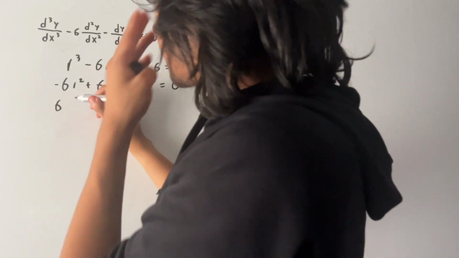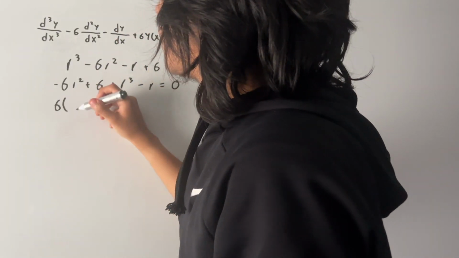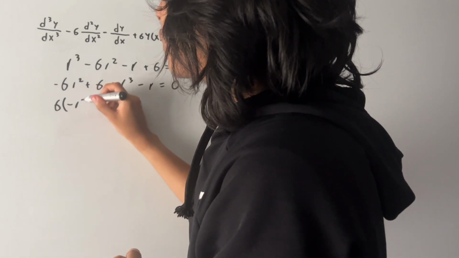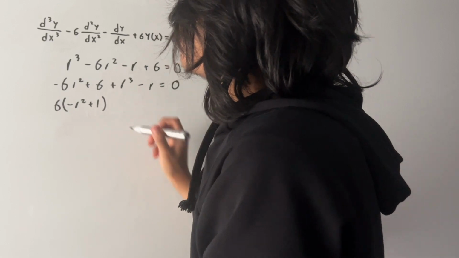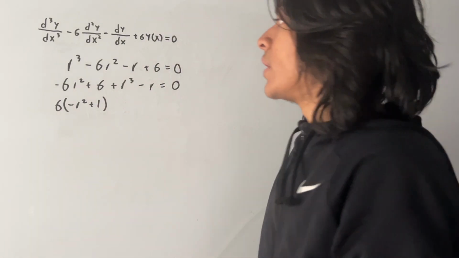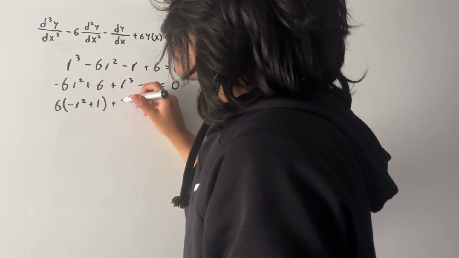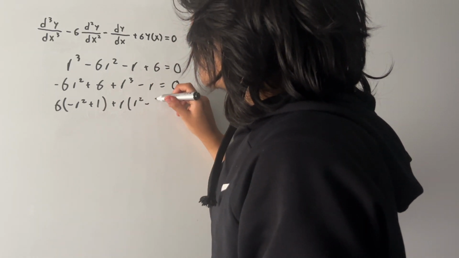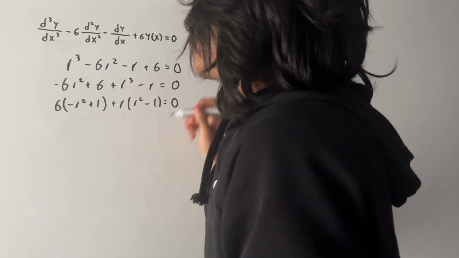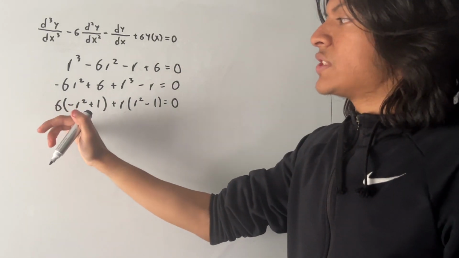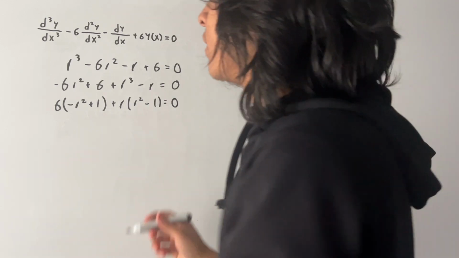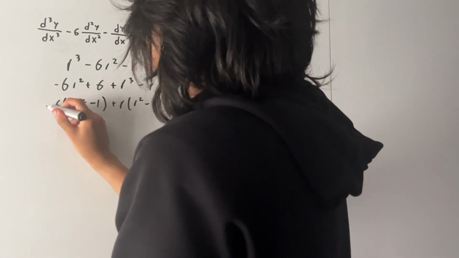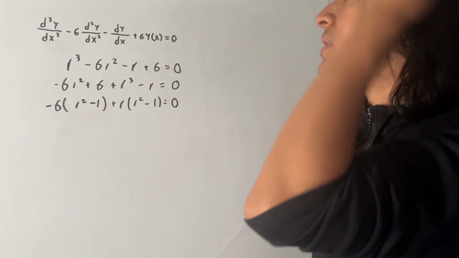So we get 6 times negative r squared plus 1. And over here, we can factor out an r. So plus r, then we get r squared minus 1 is equal to 0. And actually on this one, I'm just going to factor out a negative 1. So that way this turns positive, this turns negative, and we have a negative 6 on the outside.